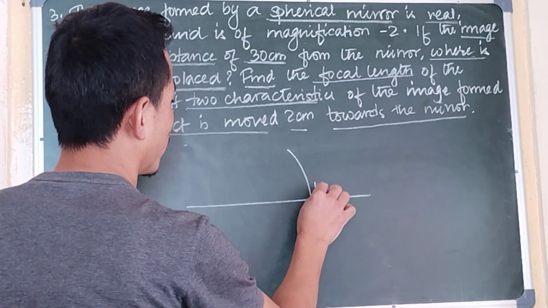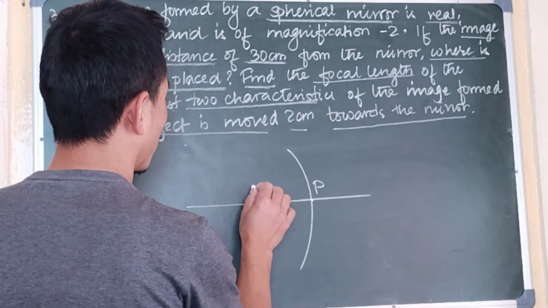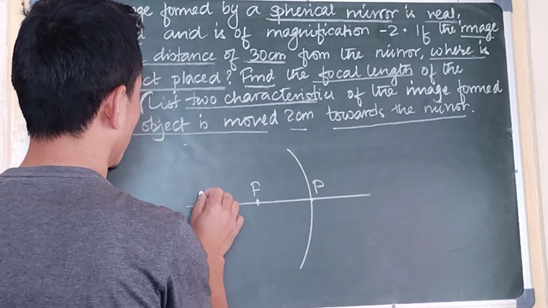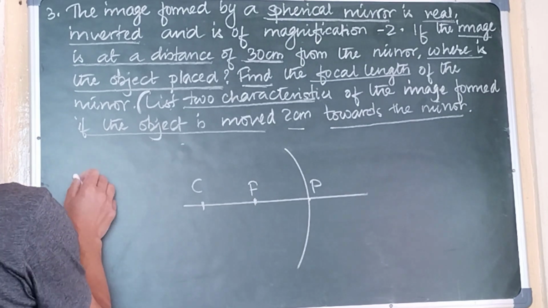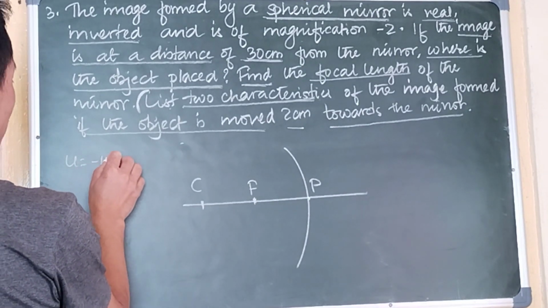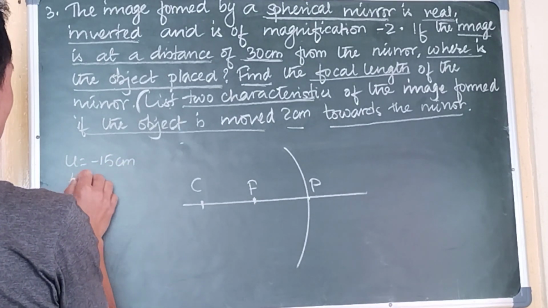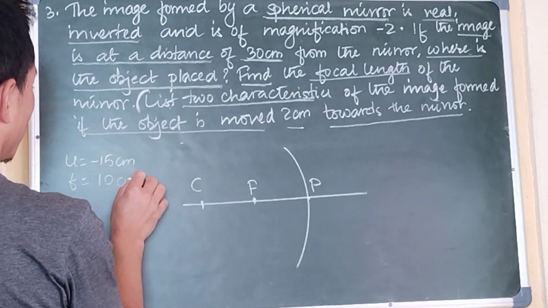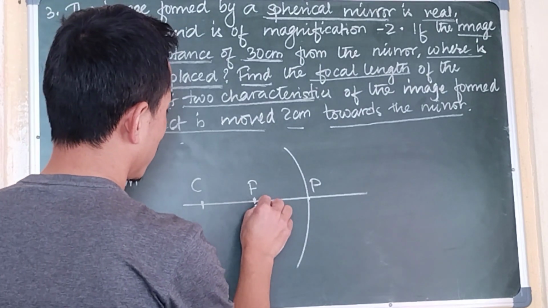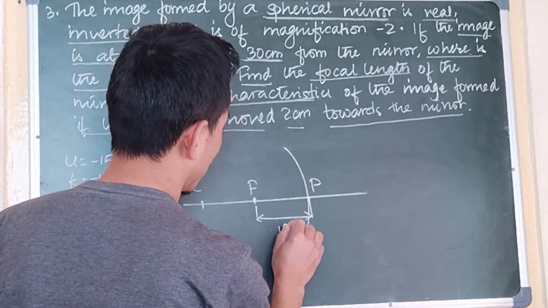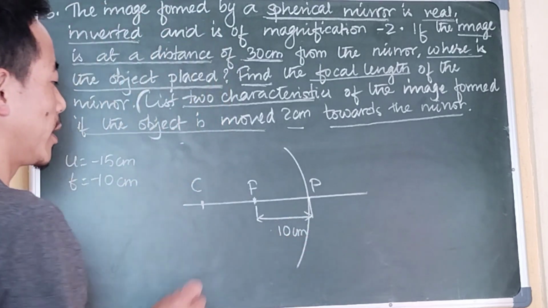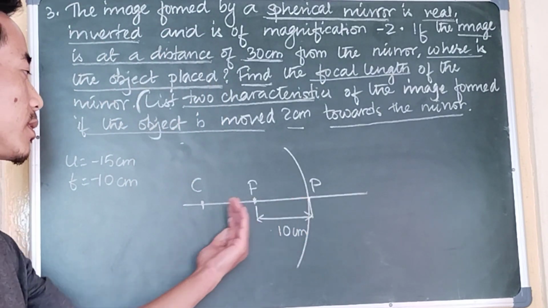This is the pole of the mirror, this is the focus, and this is the center of curvature. We have obtained U equal to minus 15 centimeter and focal length 10 centimeter. That means this distance from pole to focus is 10 centimeter. No need to write the minus sign, it is towards the left.